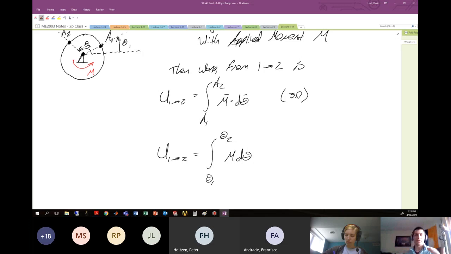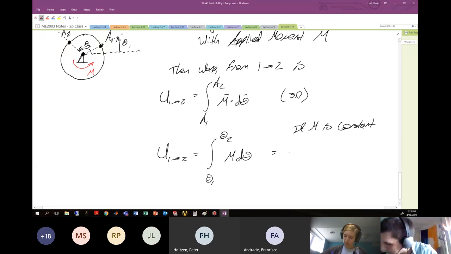Meaning that if we had a constant moment, so if M is constant, then this integral would simply shake out to be that U 1 to 2 is M times position theta 2 minus position theta 1, or what you might see as M delta theta.